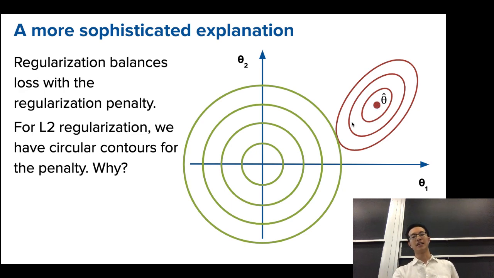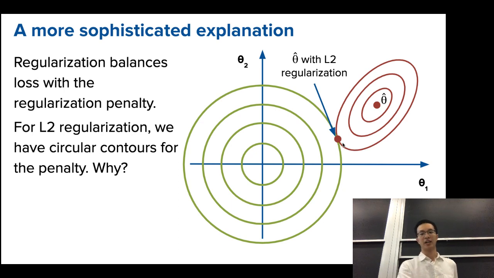It will pull my thetas closer to the origin because it's trying to balance the green circles and the red circles. Okay, so what's going to actually happen if I add regularization is that it's going to give me this point right here. Okay, and so theta1 and theta2 are smaller than they were before because they're pulled towards the origin.